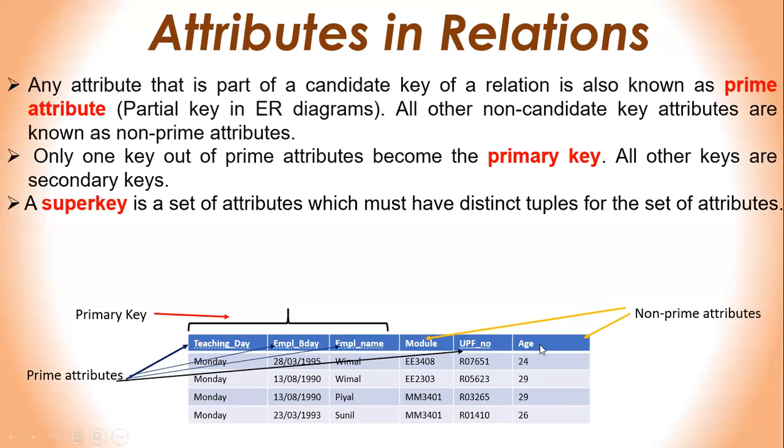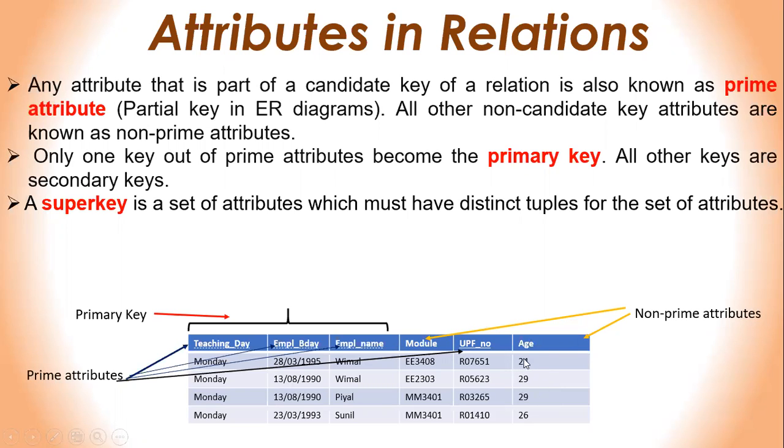So a key and a non-prime attribute or even a prime attribute together will form a thing known as super key. So the condition for super key is having distinct tuples as I explained here. So the key alone itself will form distinct tuples, no doubt, but a super key, a key with another non-prime attribute like this also can have distinct tuples.